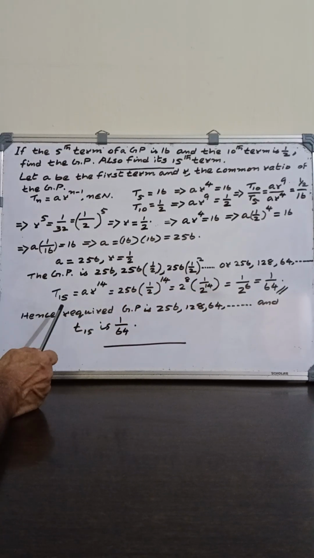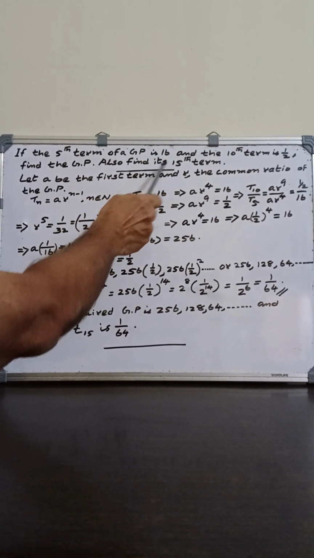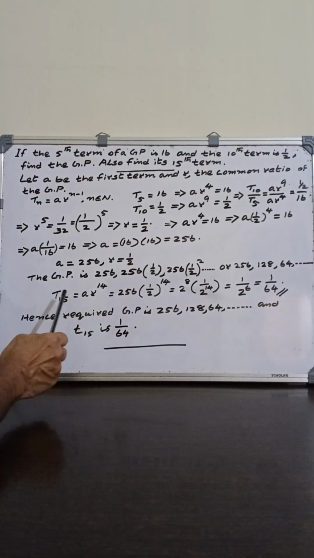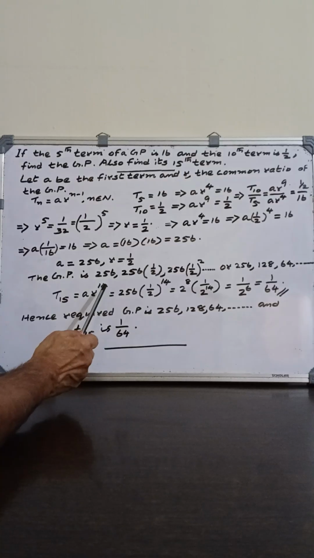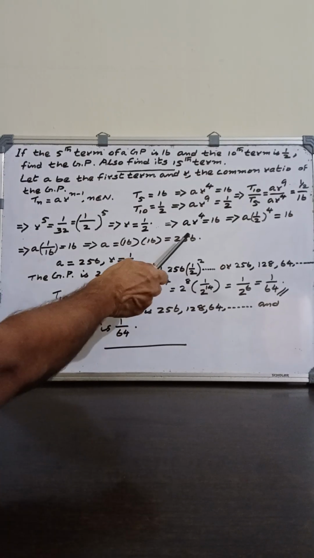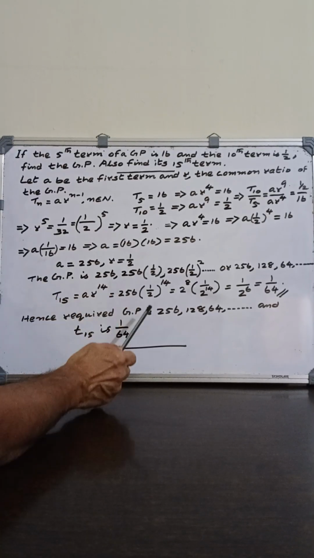Therefore, we have to find out T15, its 15th term. T15 equals A R raised to 14. That is, A is 256 and R is 1 by 2.